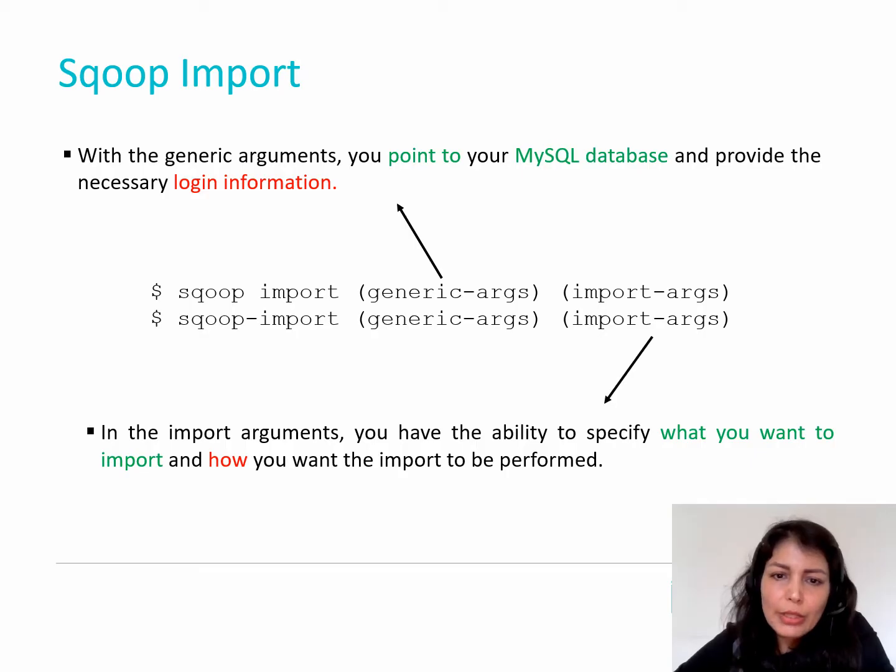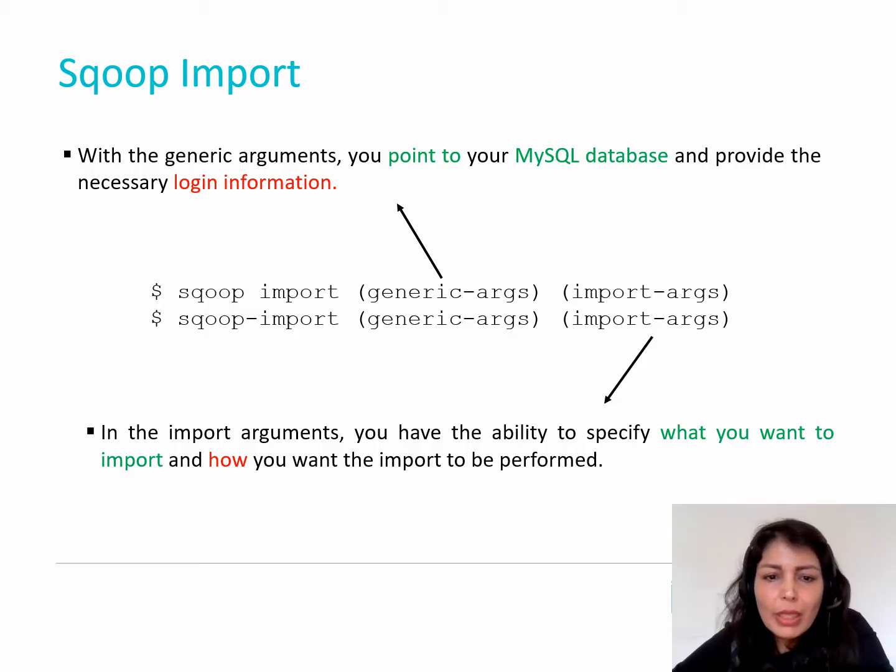So in generic arguments, you can point to the MySQL database that you're going to import from, and also you can provide login information like username and password. For import arguments, you would be able to specify the data that you want to import, what data you want to import, and how you want to import it.